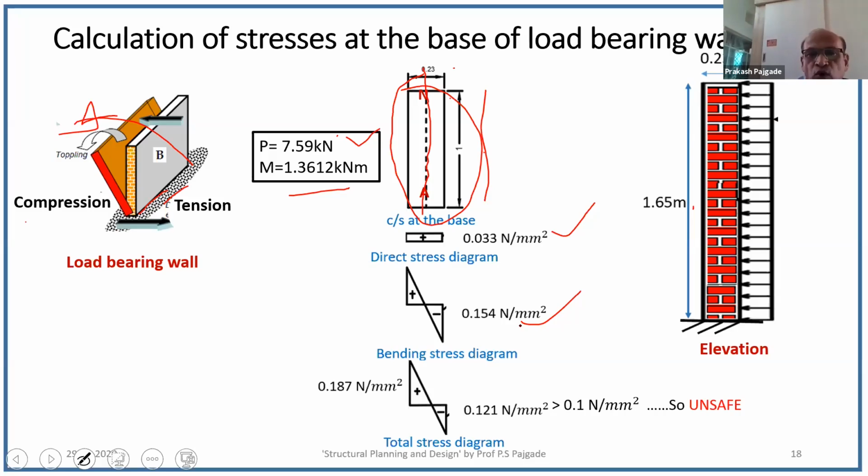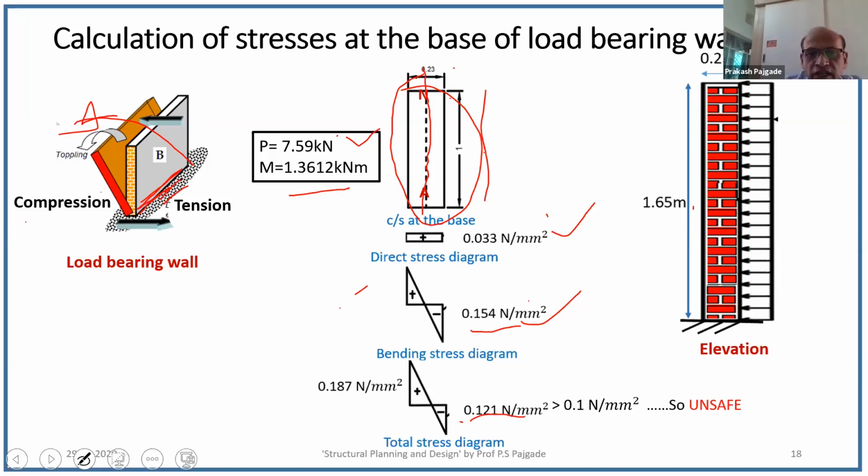On the right hand side it is this value, and on the left hand side the same value will be there. On the right hand side it will be tensile, and on the left hand side it will be compressive. So if you calculate total stress, that is direct plus bending, then on the right hand side the final stress comes out to be 0.121 Newton per millimeter square tensile. So naturally on this face, tension will be developed.